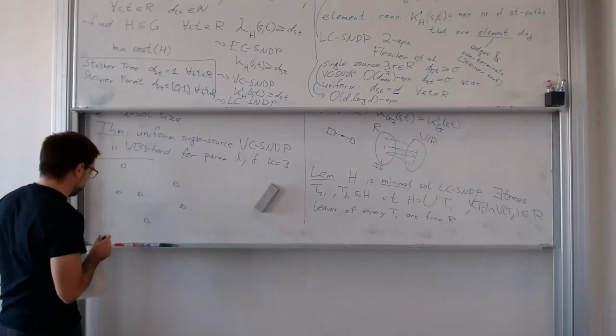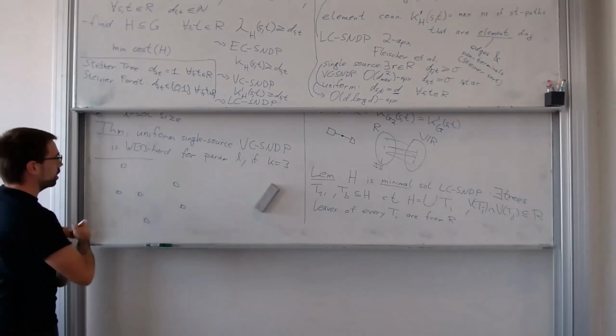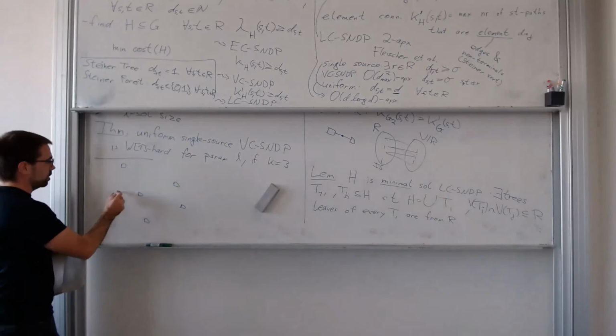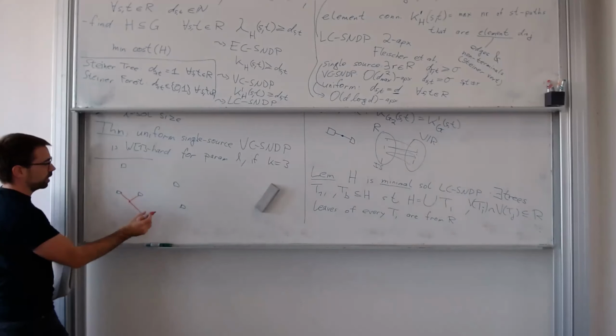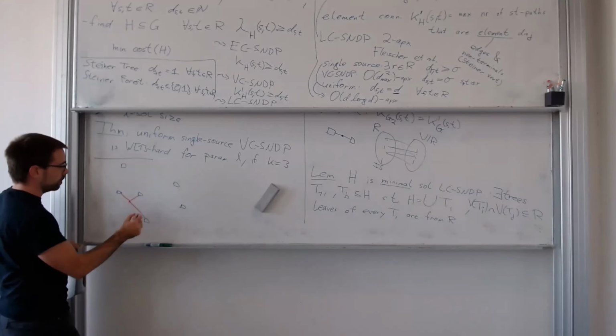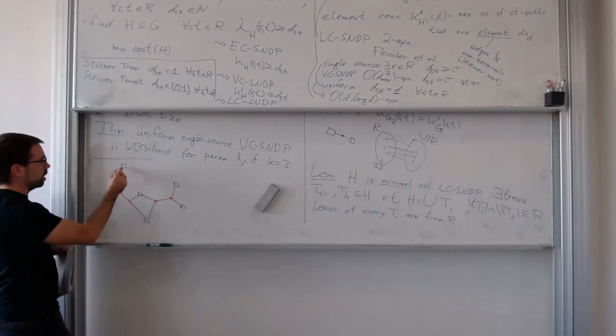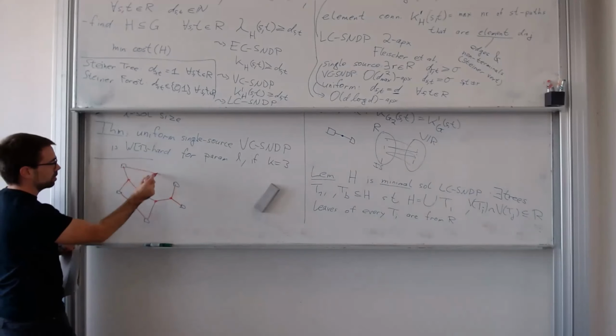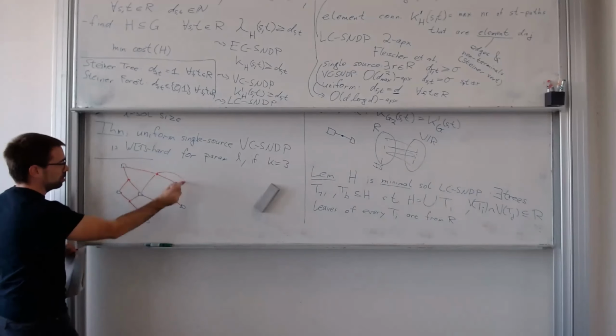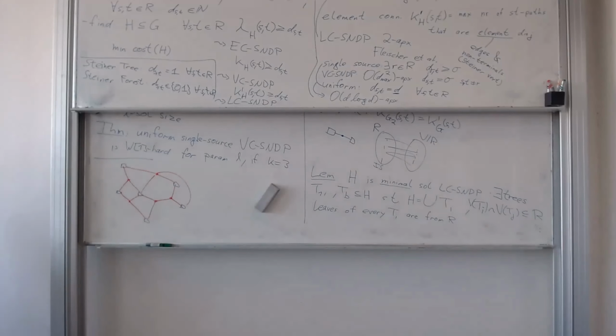But the thing is, you can now take the solution and you get these trees that connect these terminals. So somehow they look something like this maybe. Let's say like this, yeah. So this is what a solution looks like.